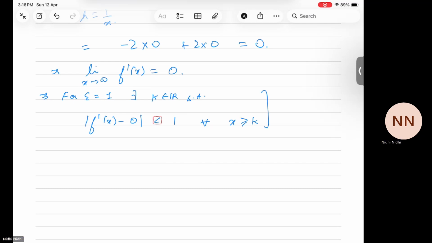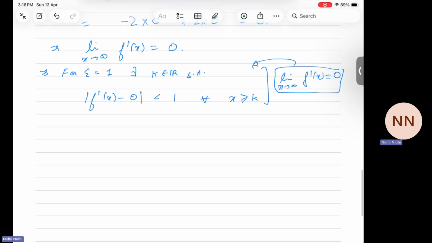This is just the basic epsilon delta definition corresponding to the statement limit x tending to infinity f dash x equals 0. That means mod f dash x is less than 1 for all x belonging to k to infinity.